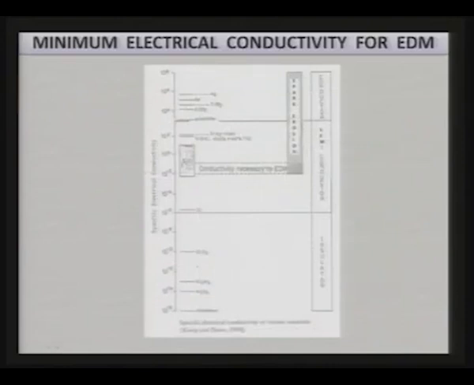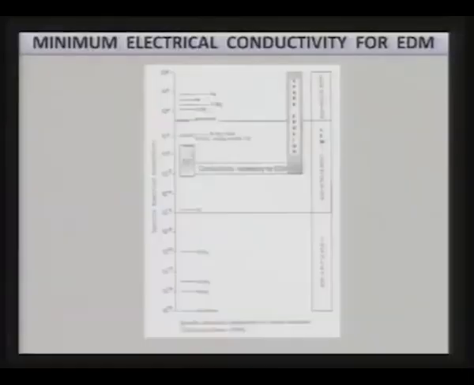I have also mentioned to you that for machining any material by EDM process, the material needs to be electrically conductive. There is a certain minimum electrical conductivity the workpiece material should have, otherwise it cannot be machined by the EDM process. So, you can see here all the materials are divided into three categories. One is the conductor, another is the semiconductor, third is the insulator.